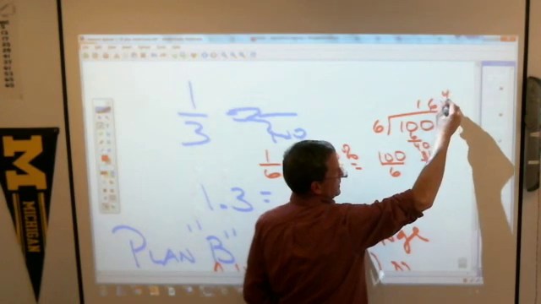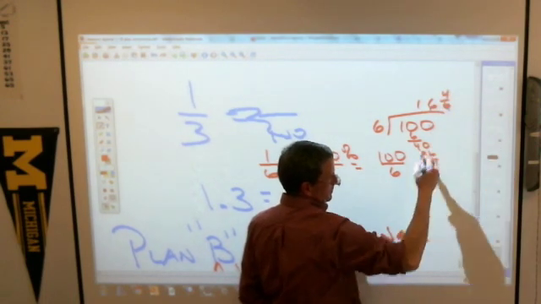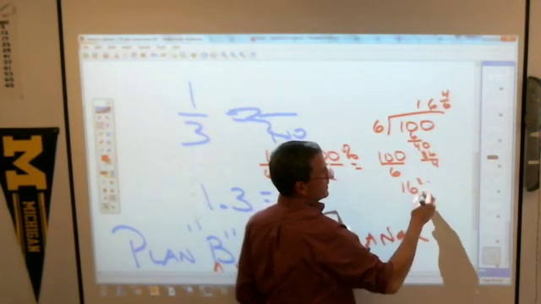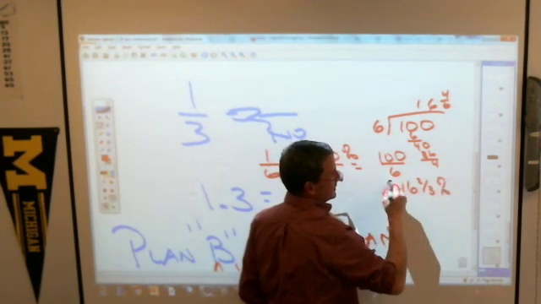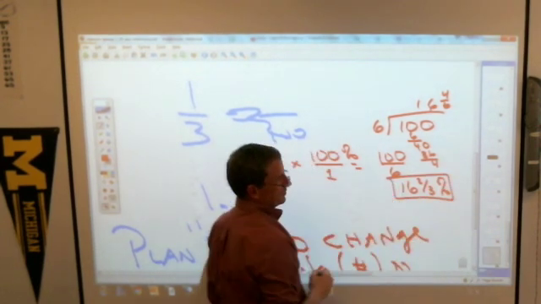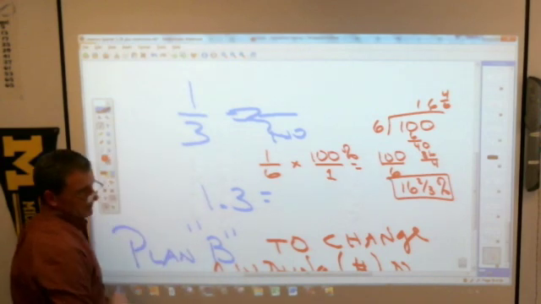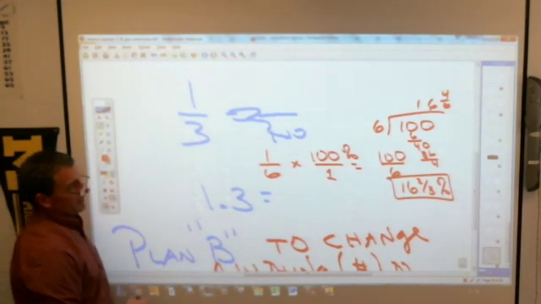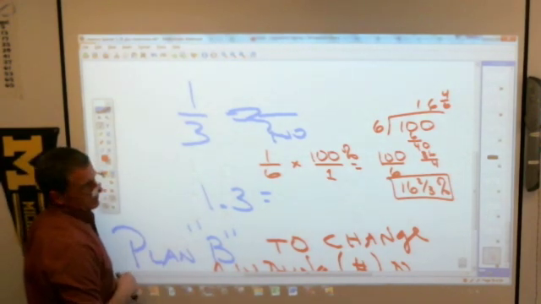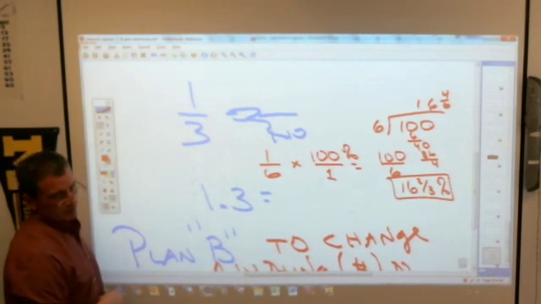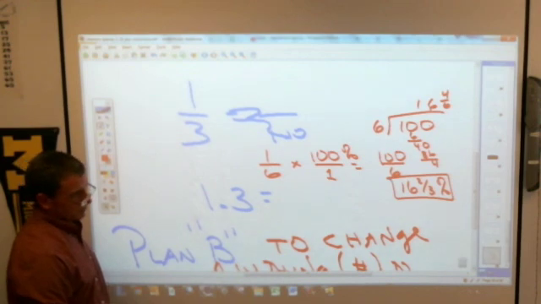It becomes 16 4/6, which is 2/3, and that's my percent. It's 16 2/3%. And again, that's why if you can do it the other way, you want to do it the other way, but if you're left with no other resort, sometimes you got to go the hard way. And that's what this would be.